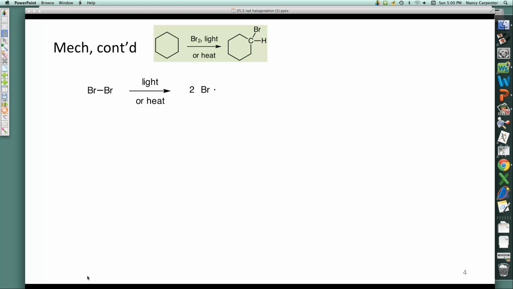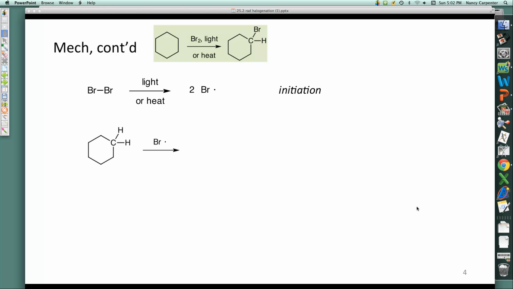Okay, so it's really important to understand this mechanism because it pretty much lays the groundwork for the rest of the chapter. So the initiation step is right here. Bromine has a sufficiently weak bond that with a little light or a little heat, you get bromine radicals. No radicals on the left, two radicals on the right, makes it initiation.